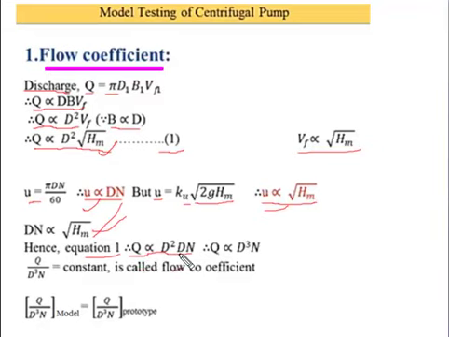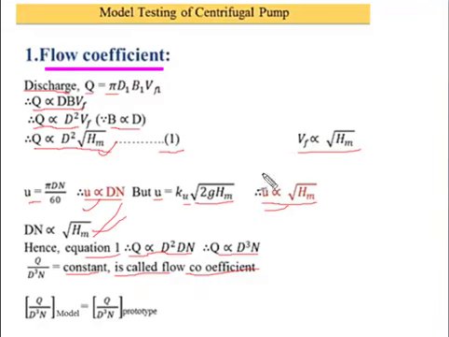This can be rearranged like this: Q is directly proportional to d cube n. Here again we are eliminating the proportionality constant and taking a constant. This constant is equal to Q divided by d to the power 3 into n. This constant is called the flow coefficient.